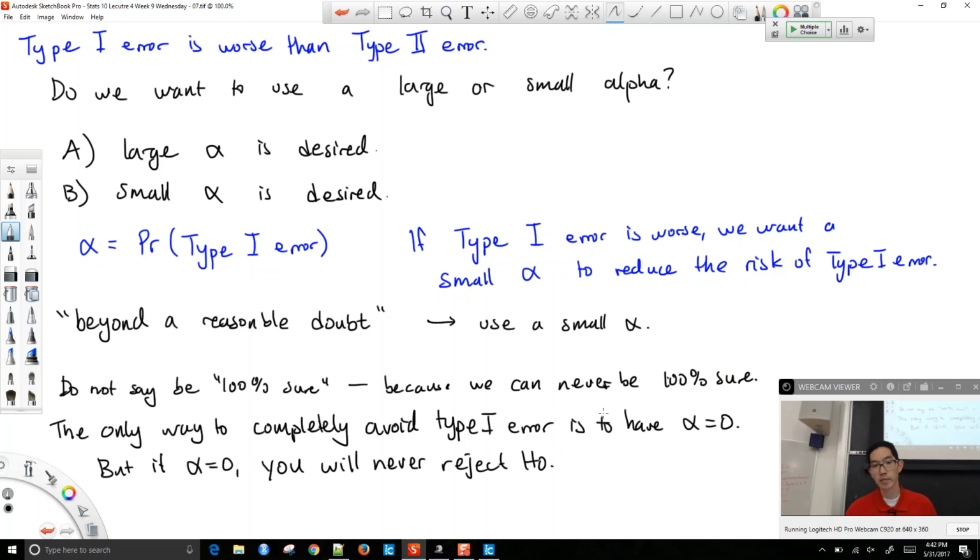And so if alpha is equal to 0, you will never reject the null hypothesis, or, a judge never convicts anyone. Okay? And that defeats the whole point of hypothesis testing, okay?